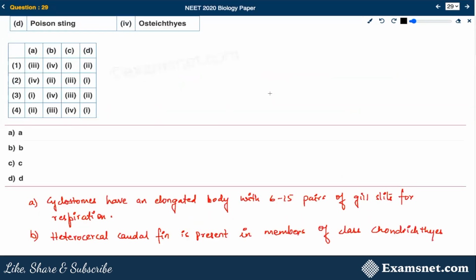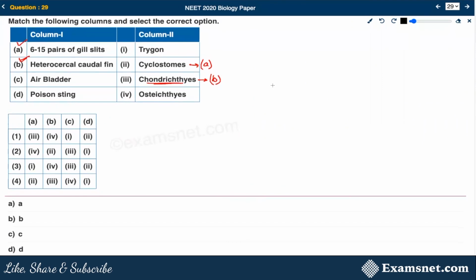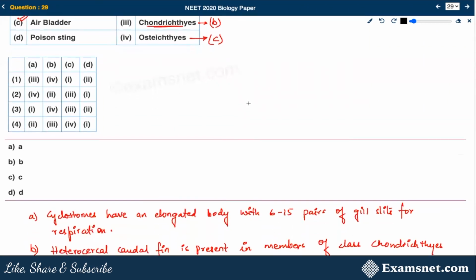Now the next is about the air bladder. The air bladder is actually found in bony fishes. There are two categories of fishes that you have seen in your course: one is cartilaginous fishes and the other is bony fishes. This air bladder is a characteristic feature of Osteichthyes, which are the bony fishes, so this is going to go with the C option.